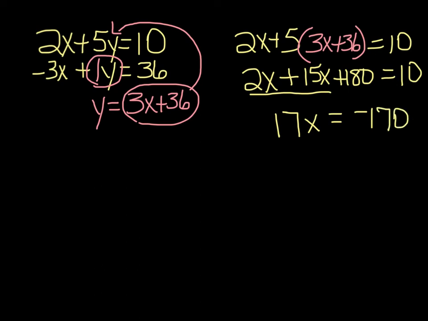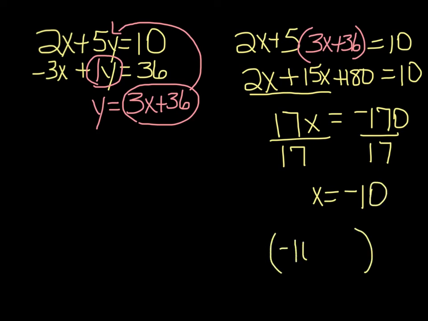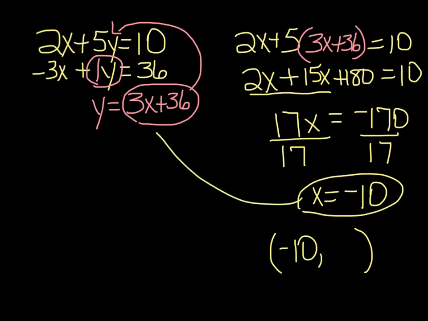Now we are going to divide by 17 to solve for x, and we get that x equals negative 10. So there's the x value of our point of intersection. From there we're going to take what x is and again substitute it back in for x in the equation that we solved for y. So x is negative 10.